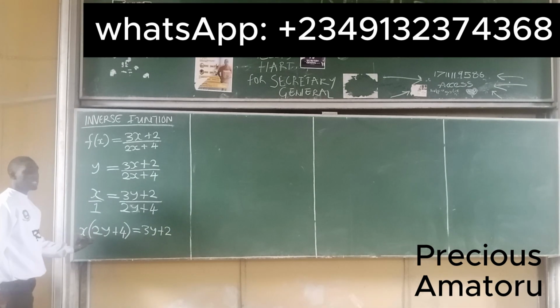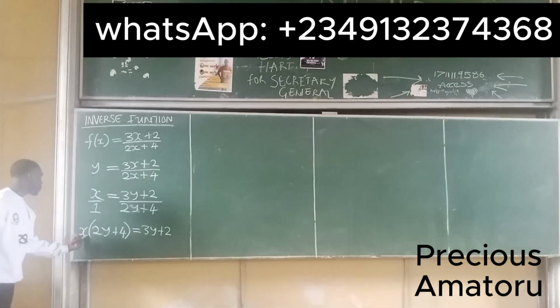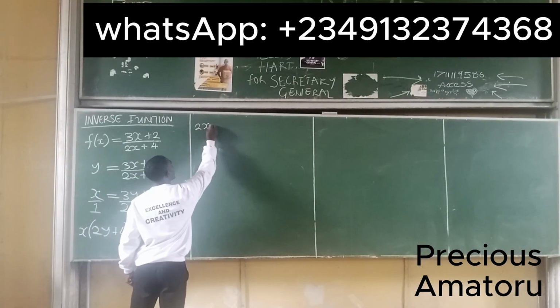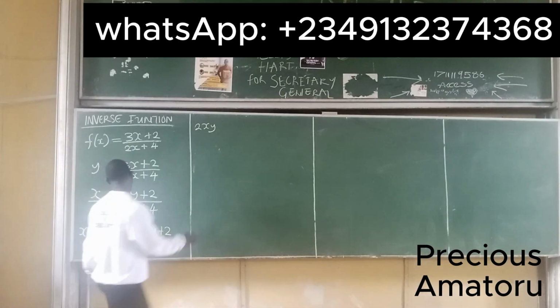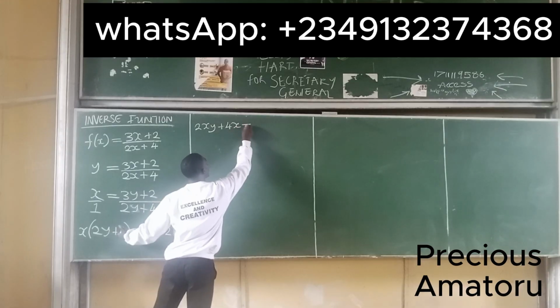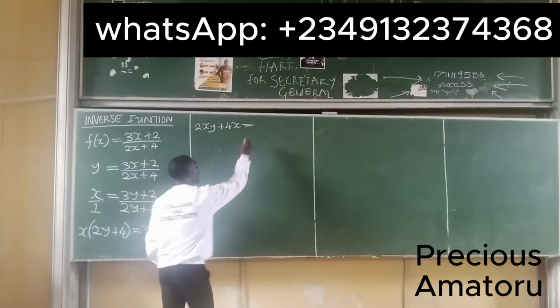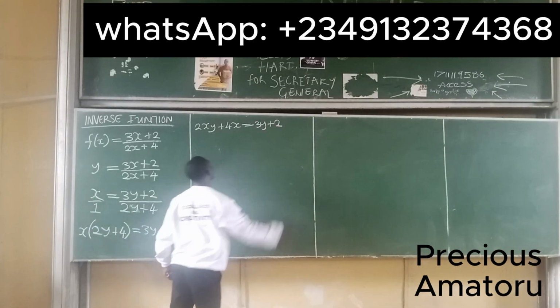Let's expand this bracket. We have x multiplied by 2y, 2xy. x multiplied by 4, we have plus 4x equal to 3y plus 2.